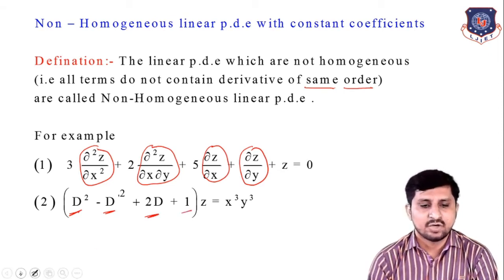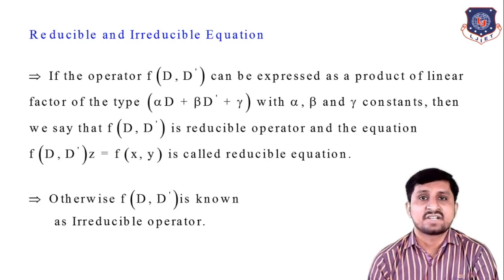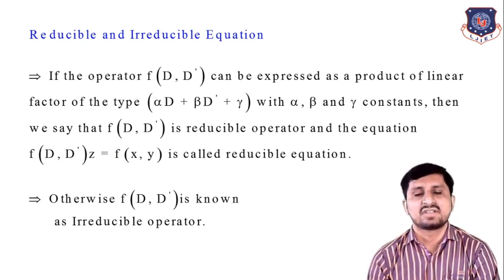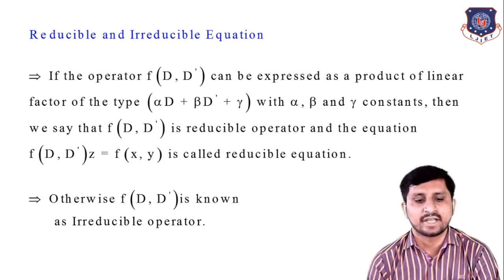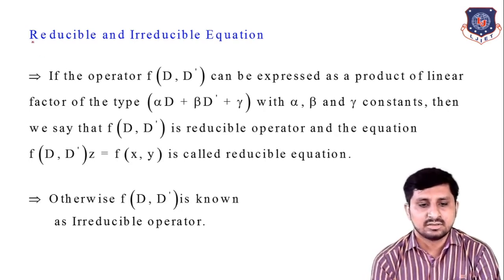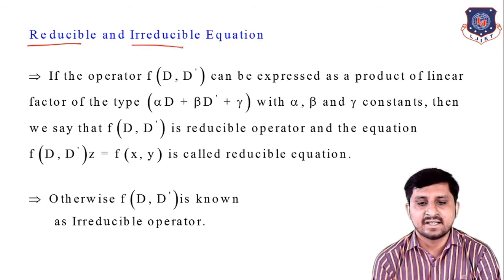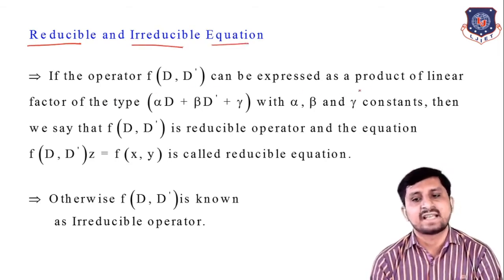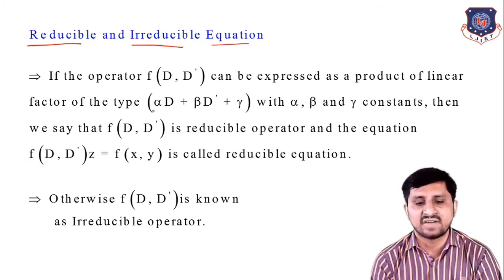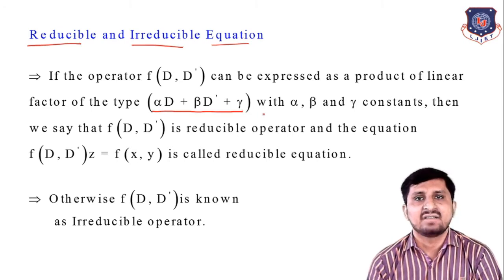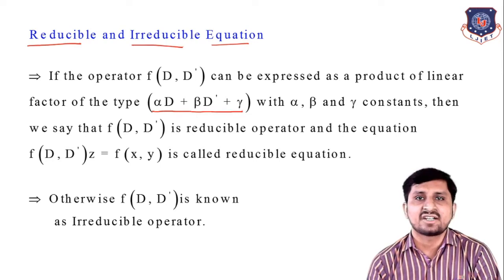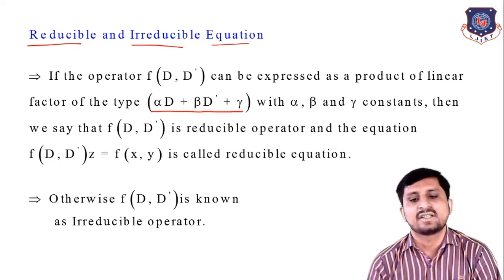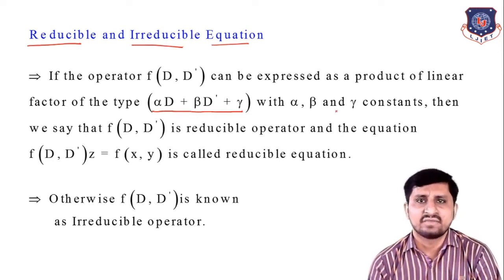And for a non-homogeneous linear partial differential equation, you have to follow some rules to find the complementary function. These two are definitions, reducible and irreducible equation. Suppose the operator f of D, D dash can be expressed as a product of linear factors of the form alpha D plus beta D dash plus gamma, with alpha, beta, gamma being constants.